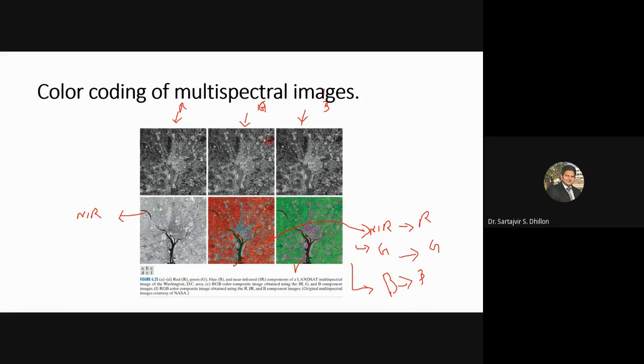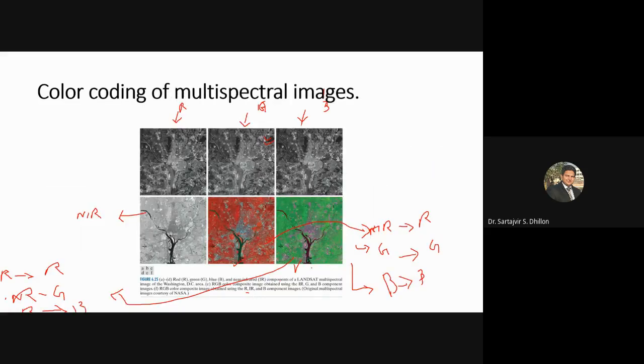Please note that this is a false color image. For figure F, I will take the example in which we have put R into R, IR into the green plane, and blue into blue, and at the end you can see the results.